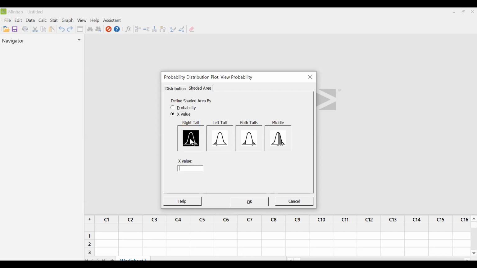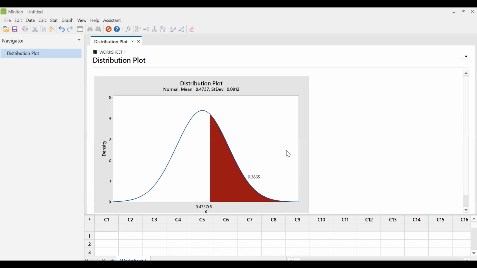So that's a right tail for more than, and we want more than half. So I put in a 0.5. And we'll hit OK and see what we get. So my answer is 0.3865.